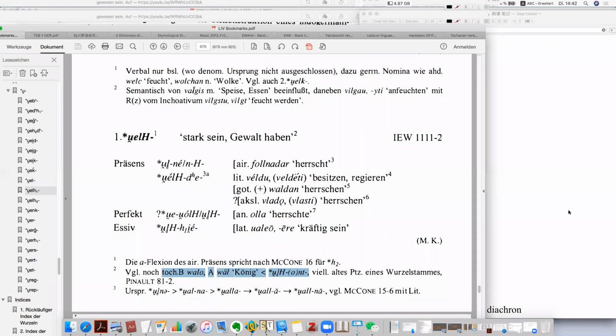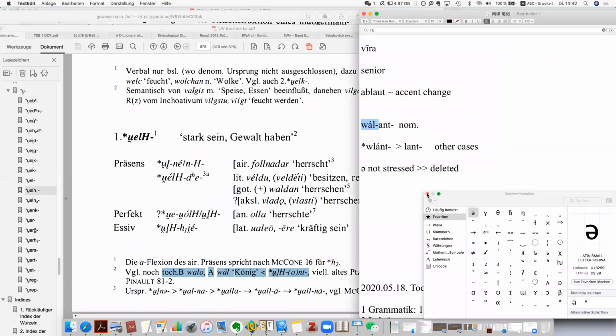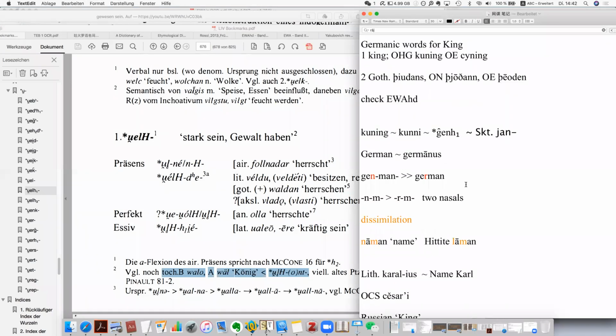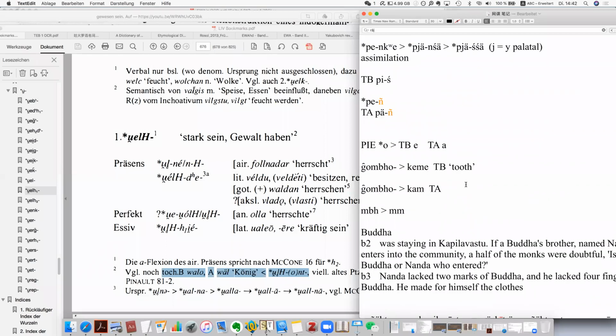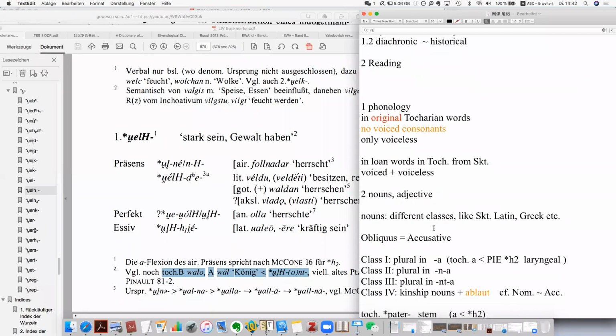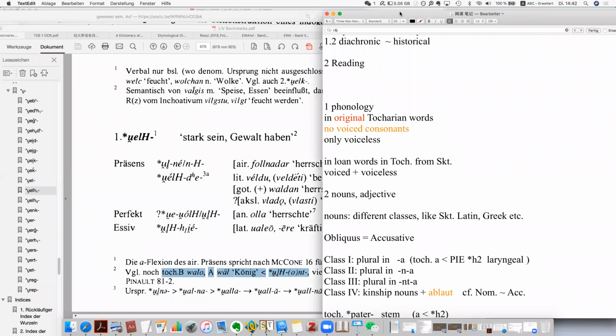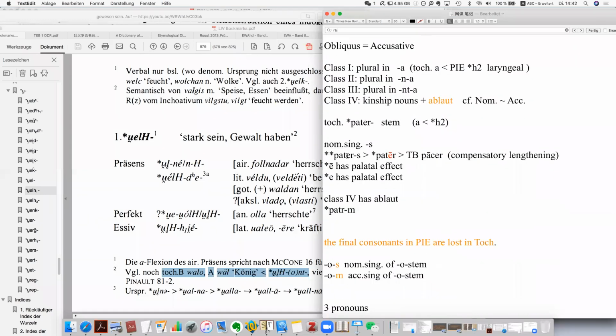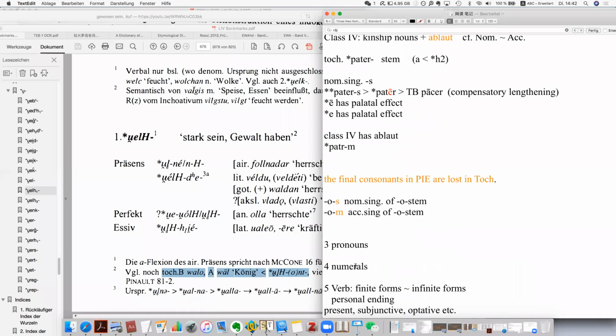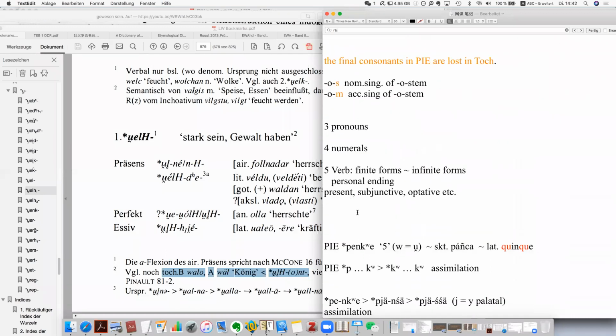Okay, so this is basically for today. Before we stop, I'll make a brief summary. We introduced the structure of the Tocharian grammar book: phonology, nouns and pronouns, numerals and verbs.